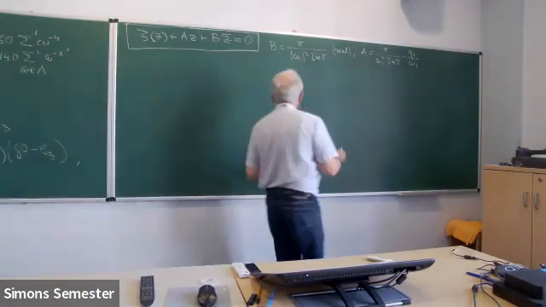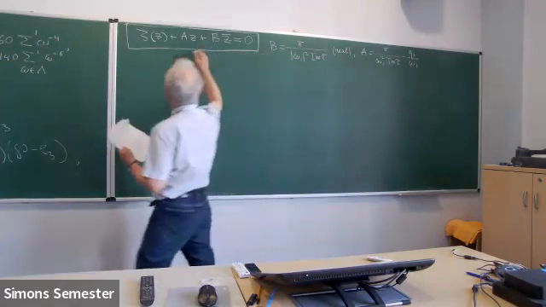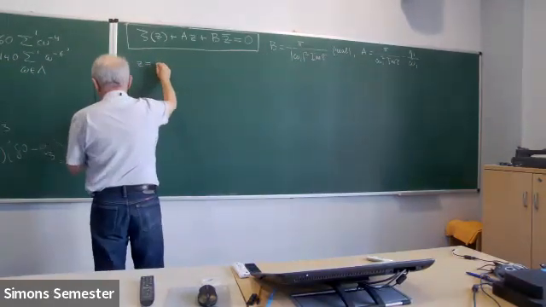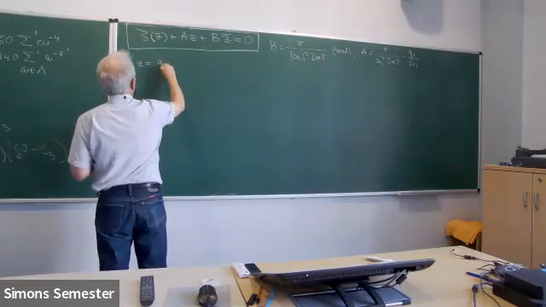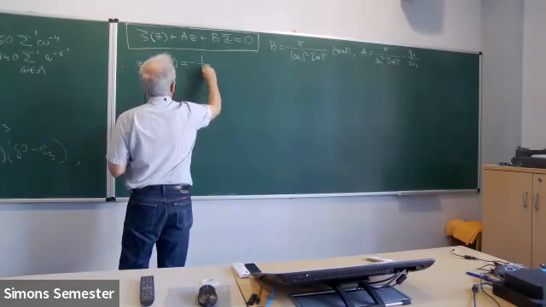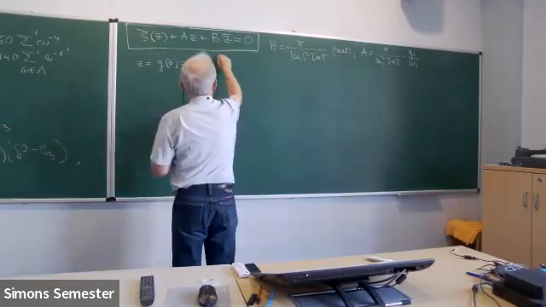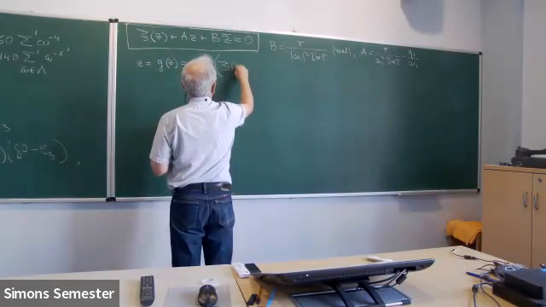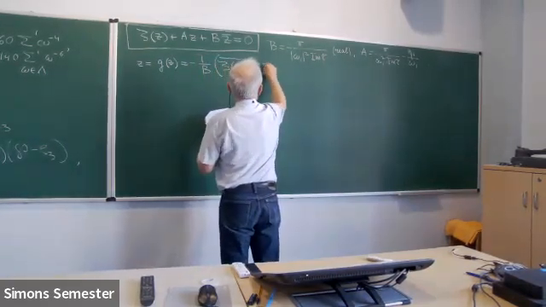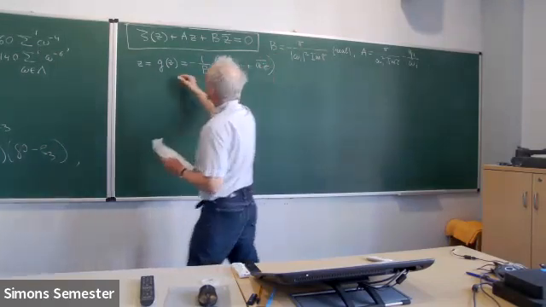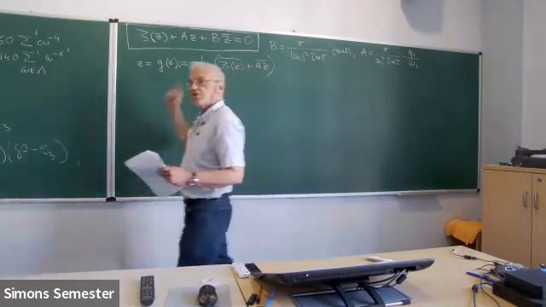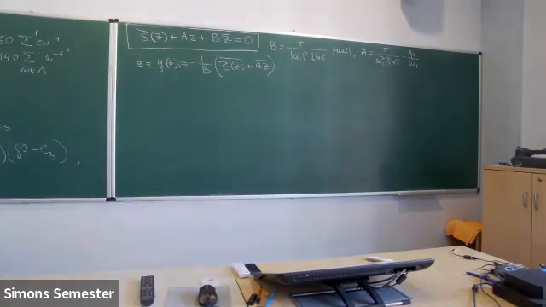Okay, so I can write this equation as a fixed point equation. Let me call this G of V. So this is a fixed point of an anti-holomorphic function, which is defined by the right-hand side.